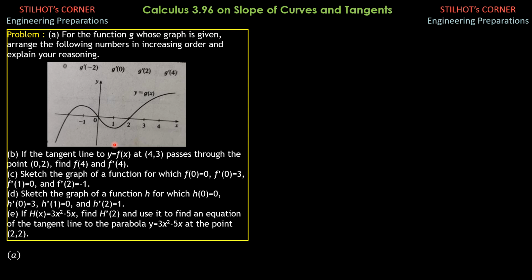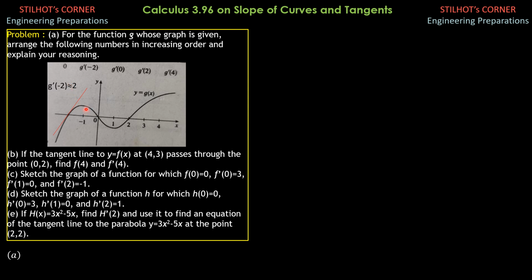And from there, that slope is, in my estimate, about 2 or 2 something. So g prime of -2 is about 2.